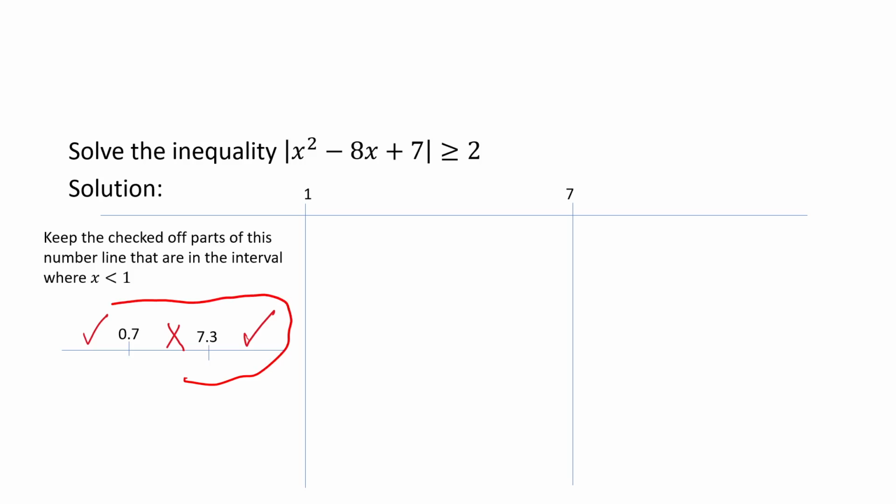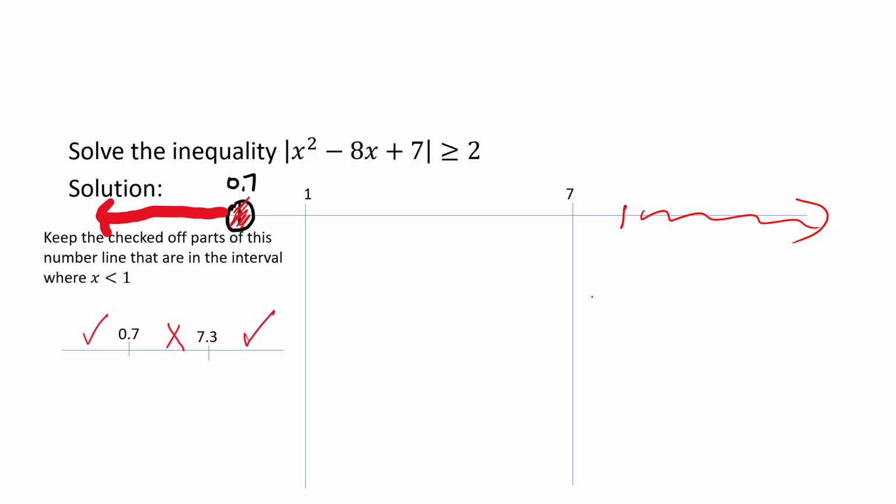Now, we have to take all values in the circled part that are less than 1, because remember, we're still in this overall question, we're still looking at values to the left of 1. Well, only the values to the left of 0.7 would be included. Values to the right of 7.3 would be way out here, but those are not part of the leftmost interval that we're in, so those are not part of our solution.